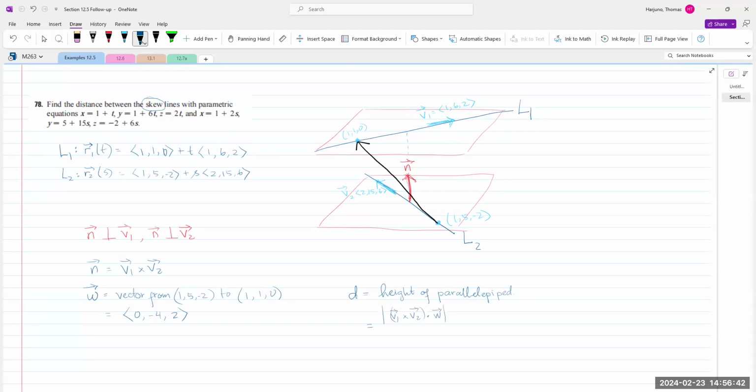I use the absolute sign here to avoid it being negative, divided by the area of the base of the parallelepiped, which is the magnitude of v1 cross v2.